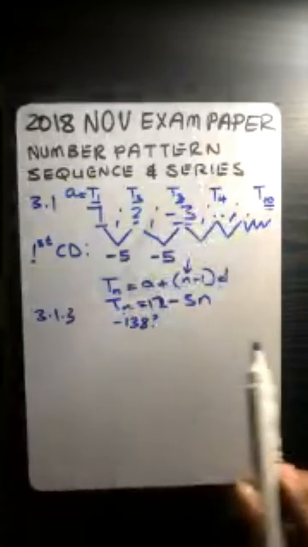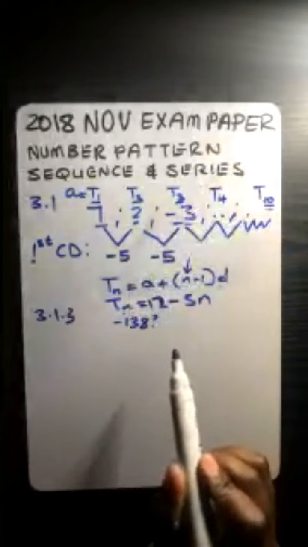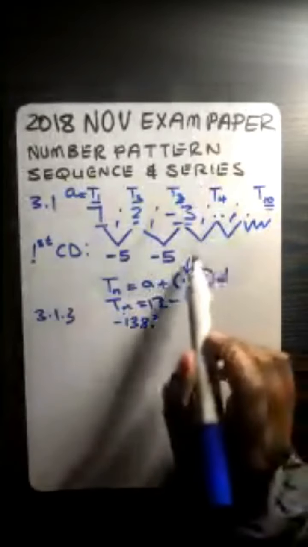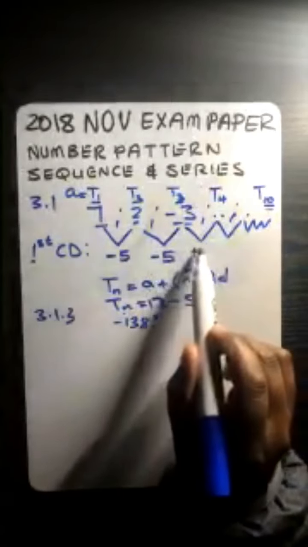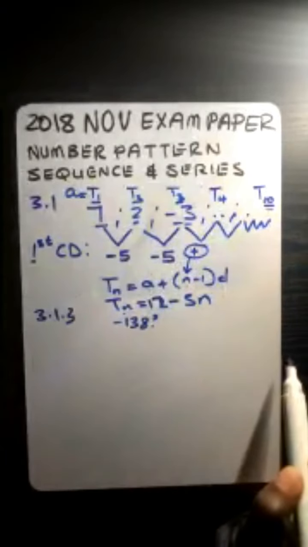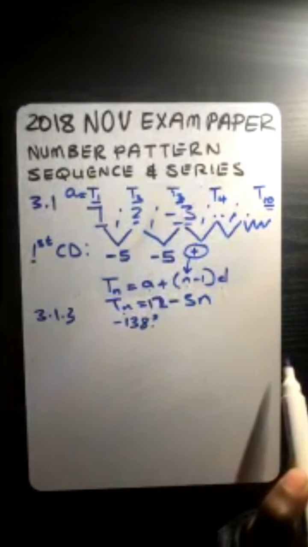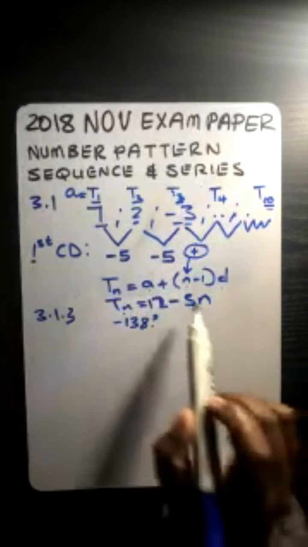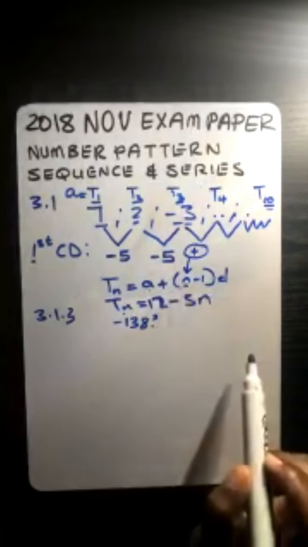So remember, guys, they're saying which term, and again, the n value is always going to be a positive value. Just in case you're dealing with a quadratic number pattern and you get two values of n, just know the correct one is the positive value.